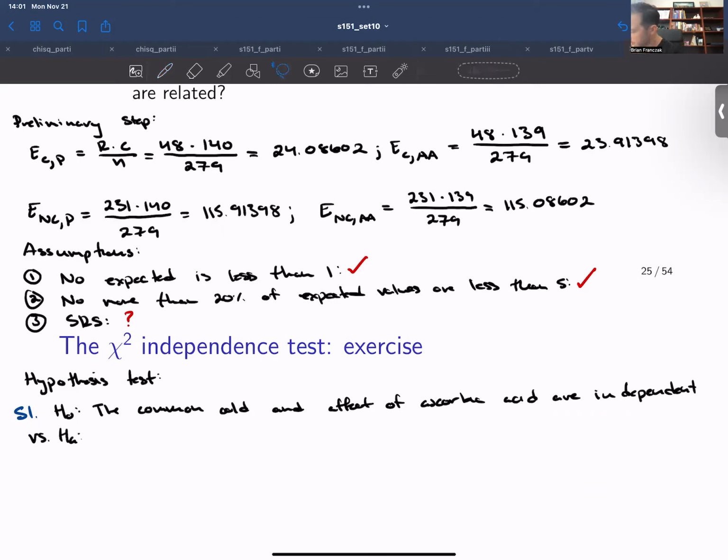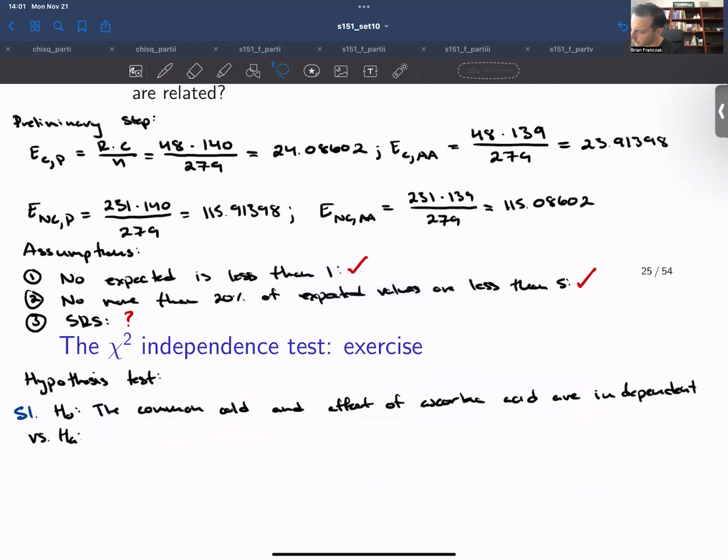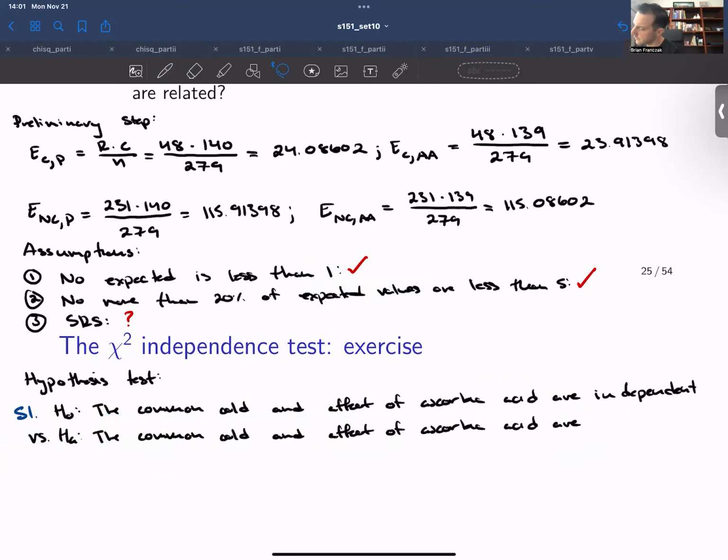And then we'll have here basically the exact same sentence, except we would say are not independent or are associated with each other. And there's a lot of different ways that you can phrase it. So I'm going to write it as are associated.